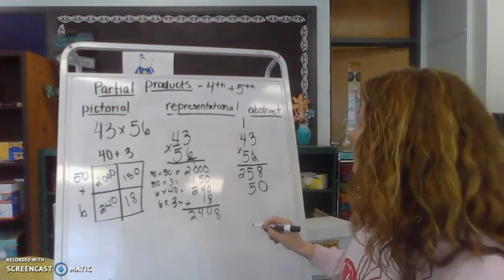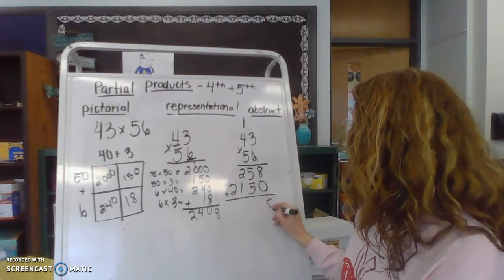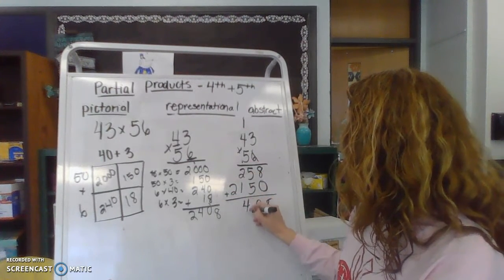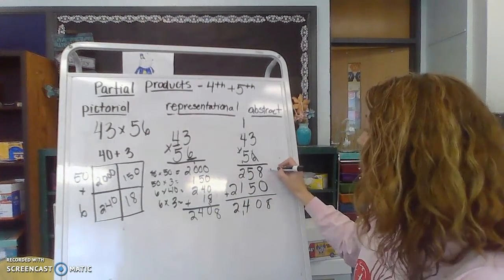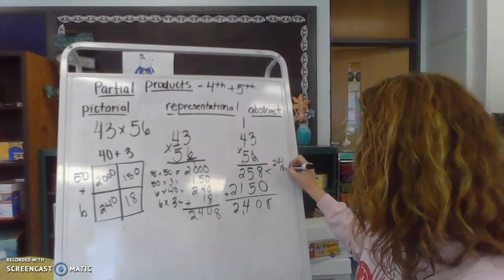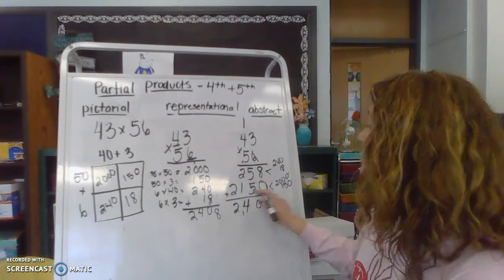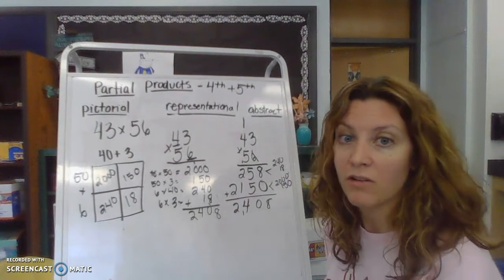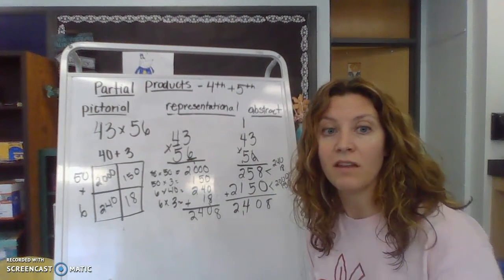And 5 times 4 plus 1 would be 21. Add it together to get 2,408. Again, students know that 258 is really comprised of 240 and 18, and 2,150 is what makes up the 2,150. And that's how we teach partial products and how to multiply to our 4th and 5th graders.